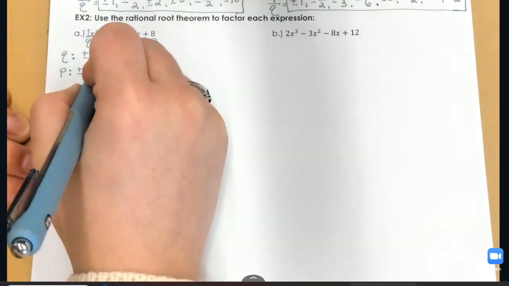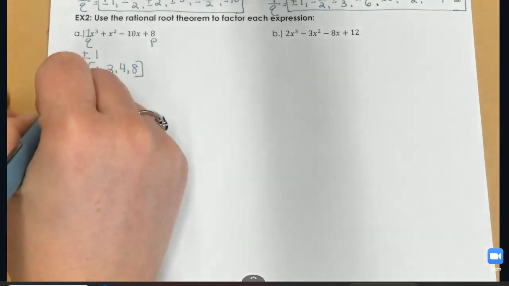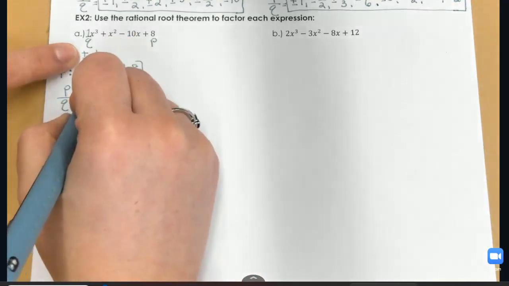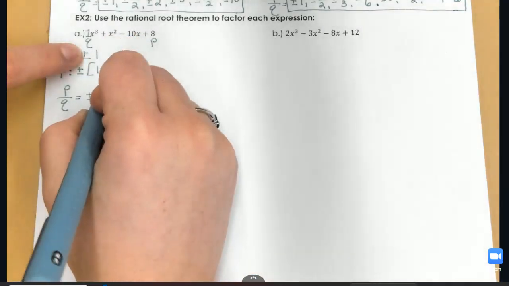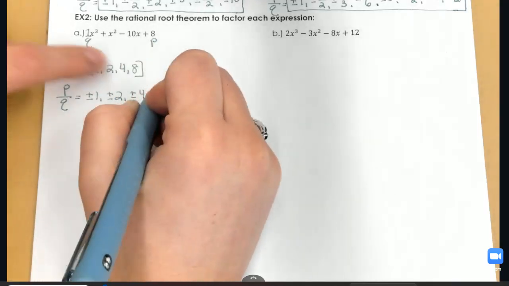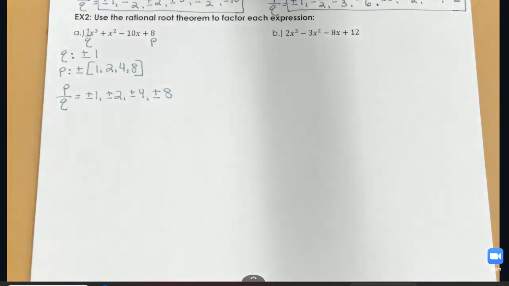We have 1, 2, 4, and 8. So for p over q, 1 over 1 is going to be 1, 2 over 1 is going to be 2, 4 over 1, 4, and 8 over 1, 8. So all of those values, plus or minus 1, 2, 4, and 8, could be roots.